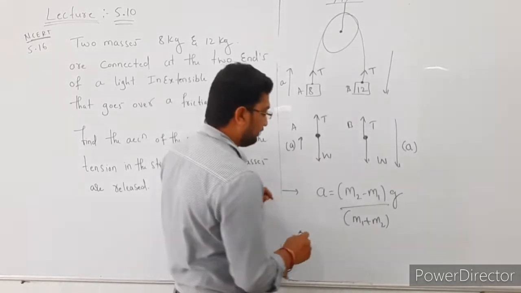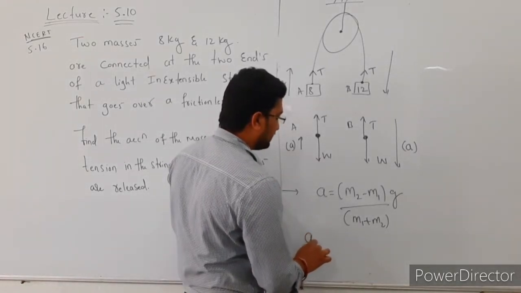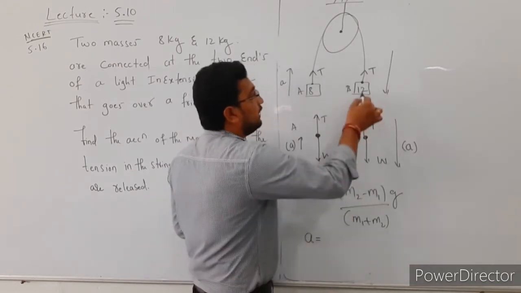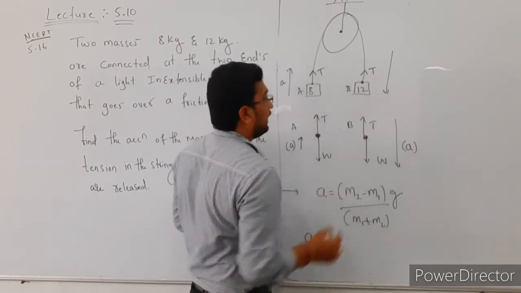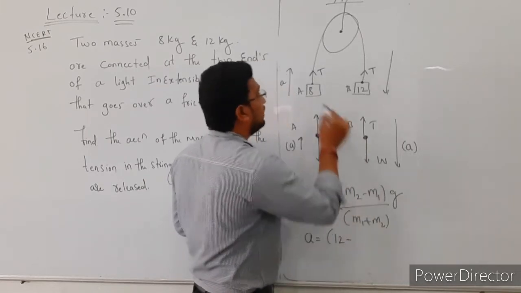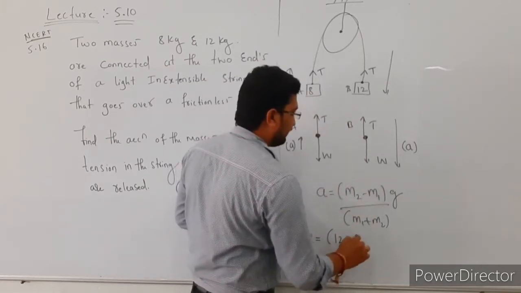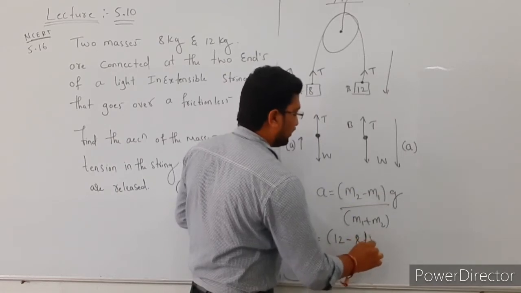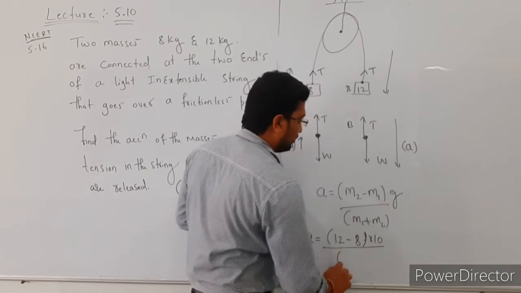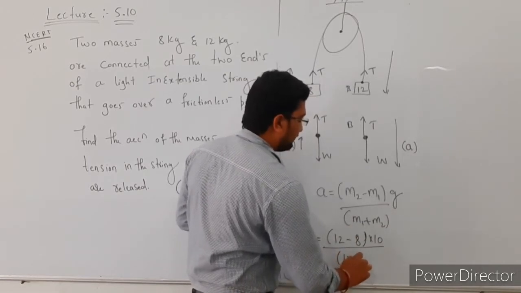Okay, substitute here. Then acceleration a is equal to, what is the m2 value here? The m2 value is 12 kg, minus m1 which is 8 kg, into acceleration due to gravity which is 10, whole divided by m1 plus m2, that is 12 plus 8.